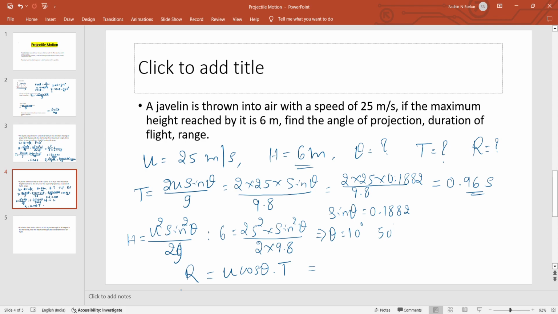So that's nothing but 25 cos, which gives 23.58 meter.